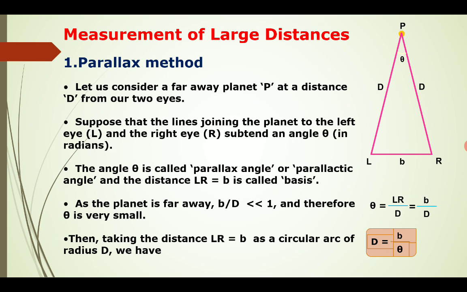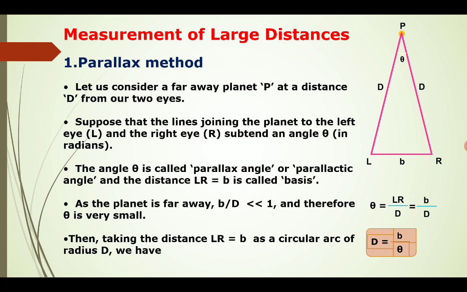So b is known, theta is known, and in this manner we can easily find out the distance of the planet from us.